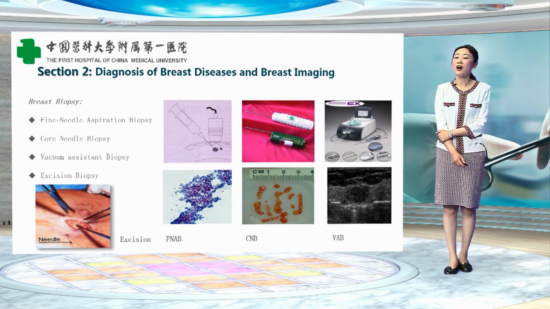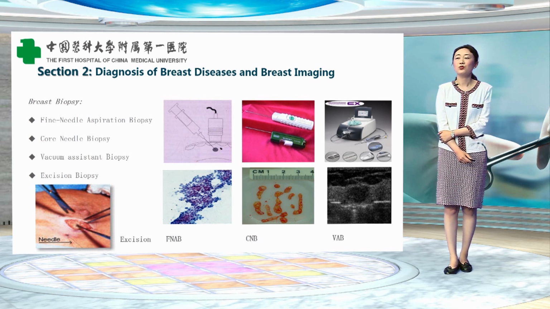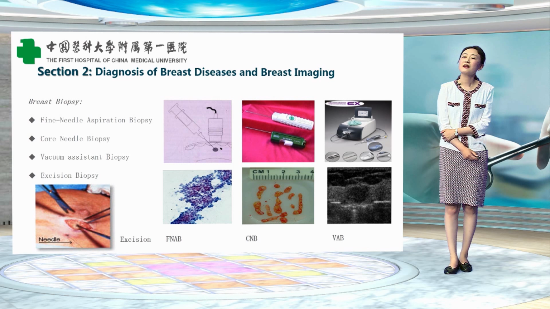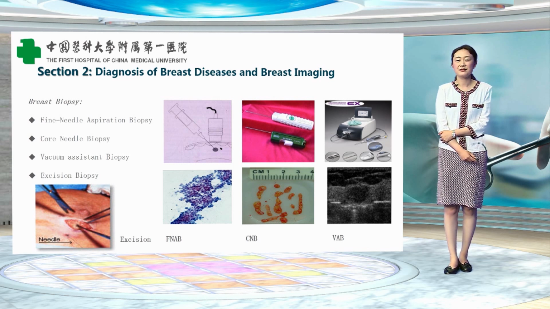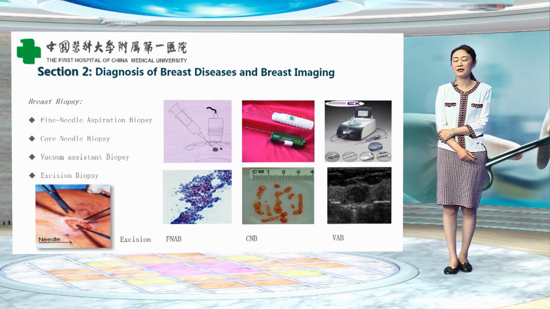After detection of the suspected lesion, the next step is to have the definitive diagnosis, for which we need tissue to do the pathological examination. There are a lot of breast biopsy methods. The first is the fine needle aspiration biopsy.